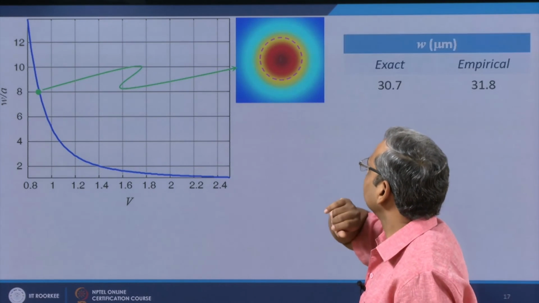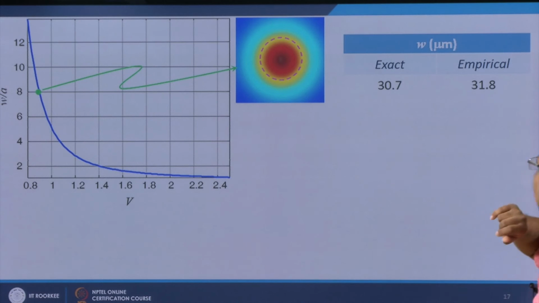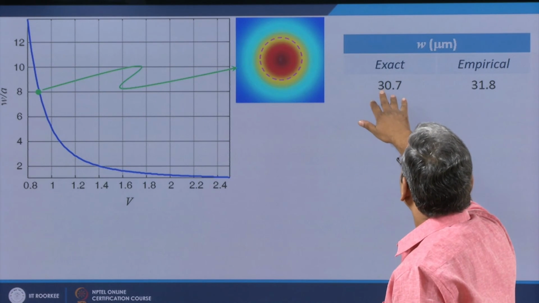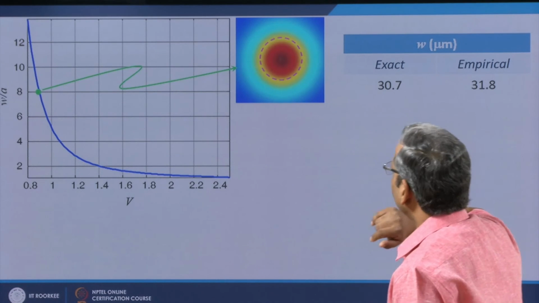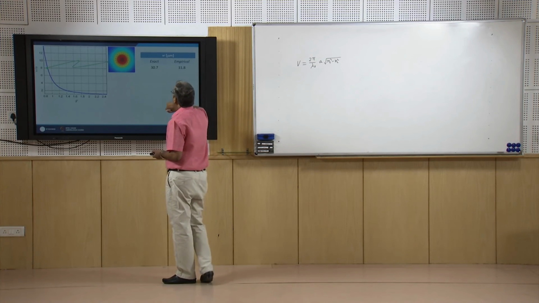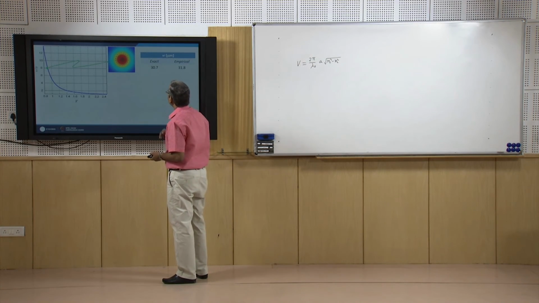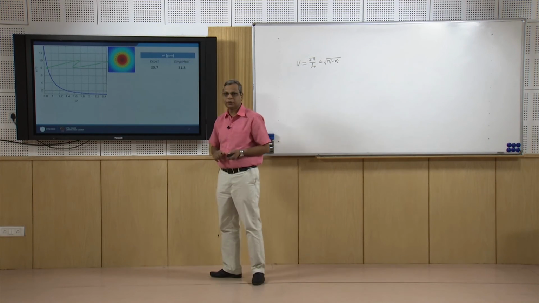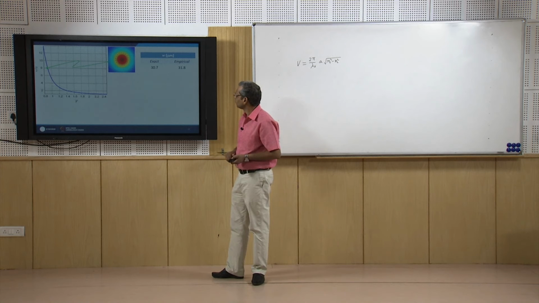I find the value of W by two methods: one by Bessel functions, the exact value, and another from the empirical relation. At V equal to 0.9, the exact value of W is about 30.7 micrometer, while the empirical relation gives a value of 31.8.